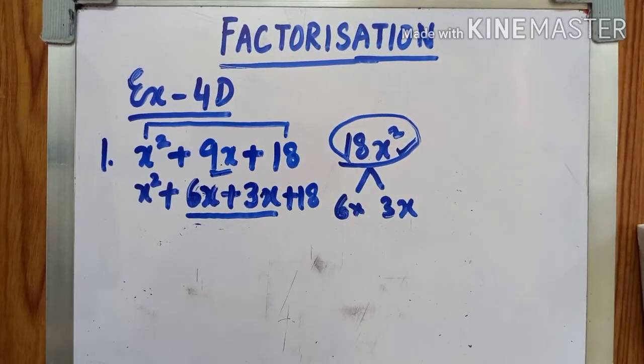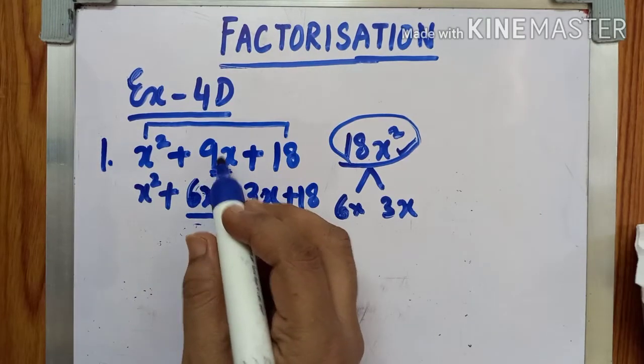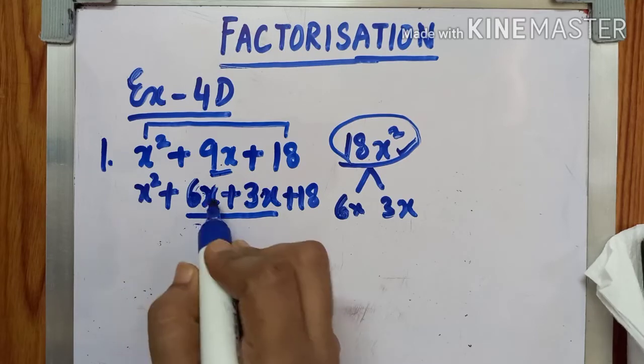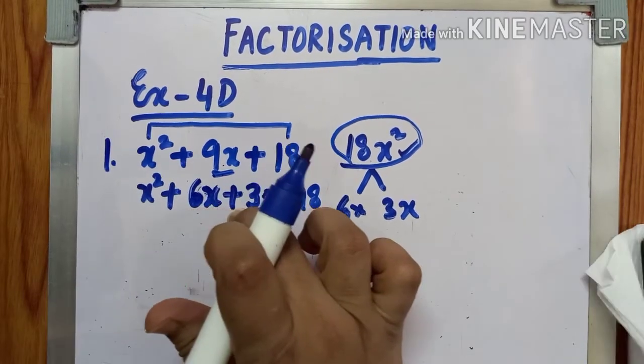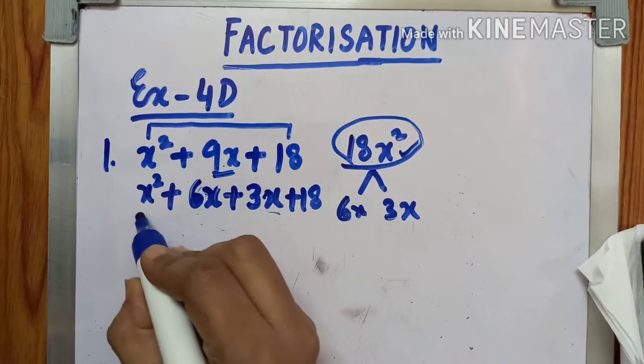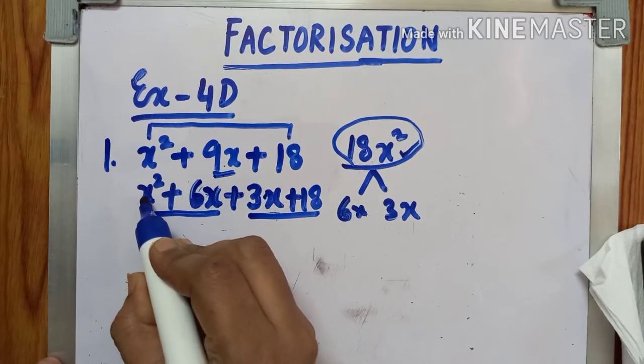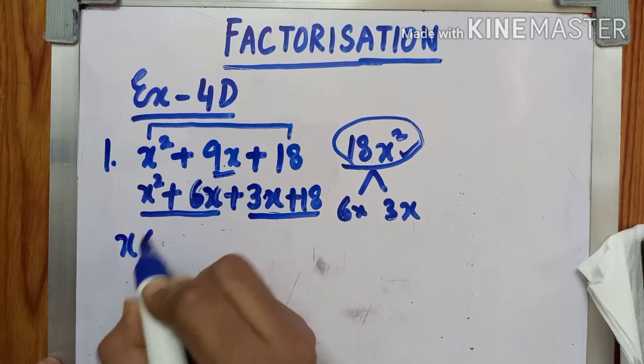After writing 9x as 6x plus 3x, from x square plus 6x you can take something common, and from the other two terms also. In x square plus 6x, x is common.